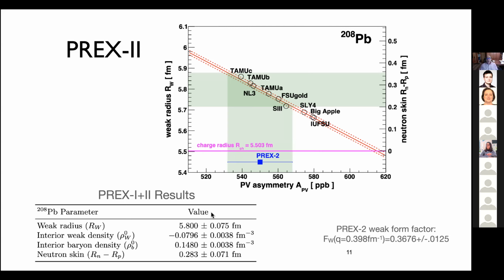And so we have direct experimental confirmation that the weak charges, i.e. the neutrons, stick out further than the electromagnetic charges, i.e. the protons. And indeed, our result for the neutron skin in lead is 0.28 plus or minus 0.071 Fermis. So those are the PREX-2 results for lead-208.